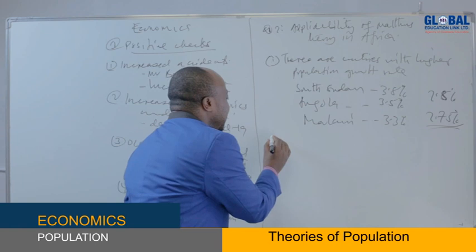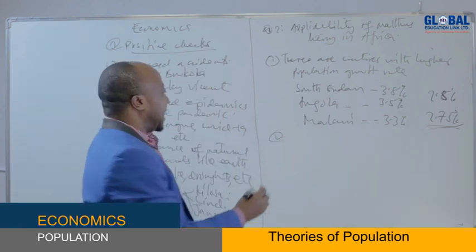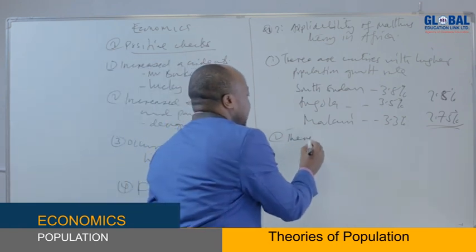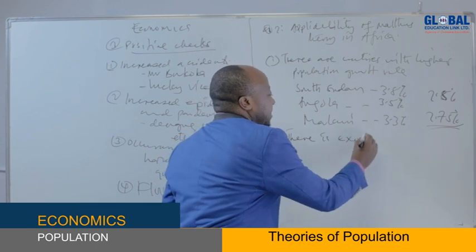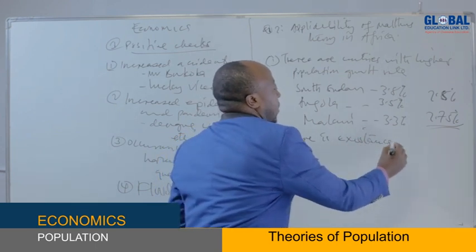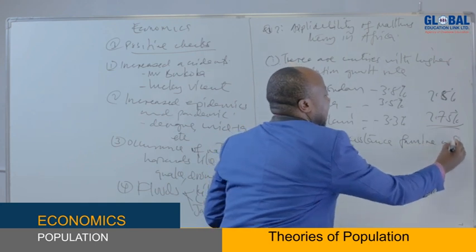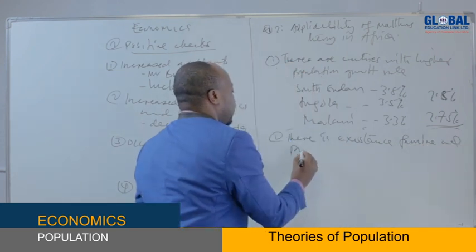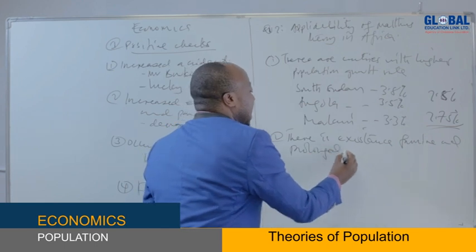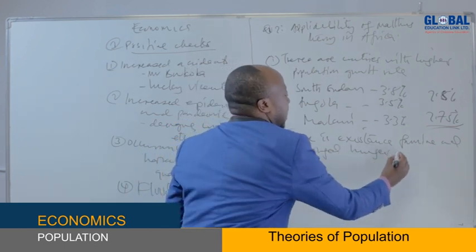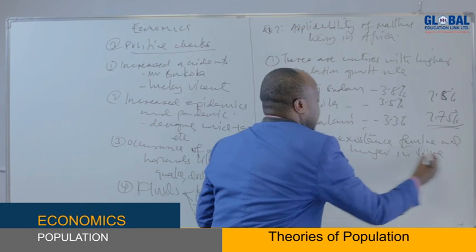The second applicability of Malthus population theory is the existence of famine and prolonged hunger in some countries.